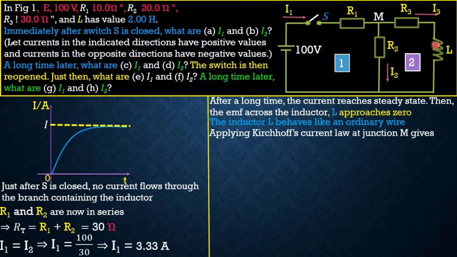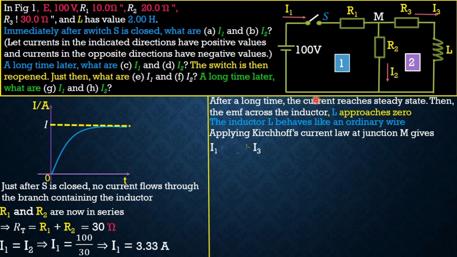If you apply Kirchhoff's junction law at the junction M, it simply says that the sum of currents entering the junction is equal to the currents leaving the junction. We can see that I1 is entering junction M, while I2 and I3 are leaving.